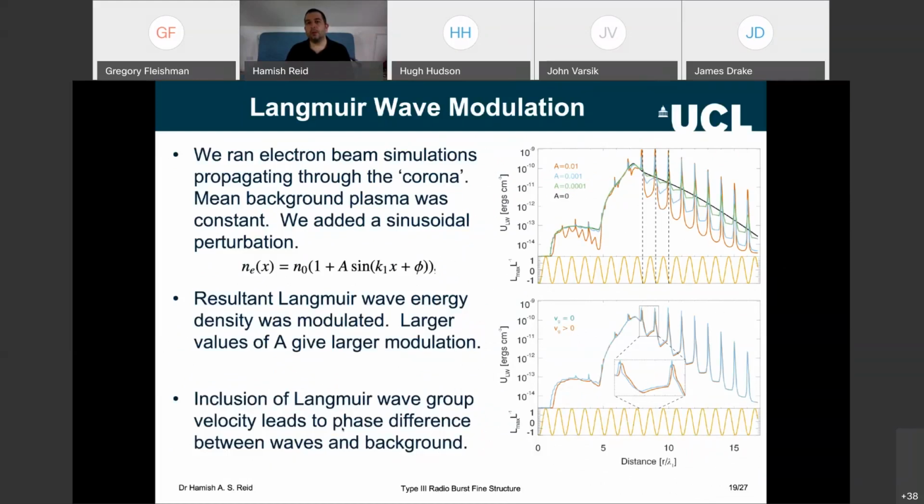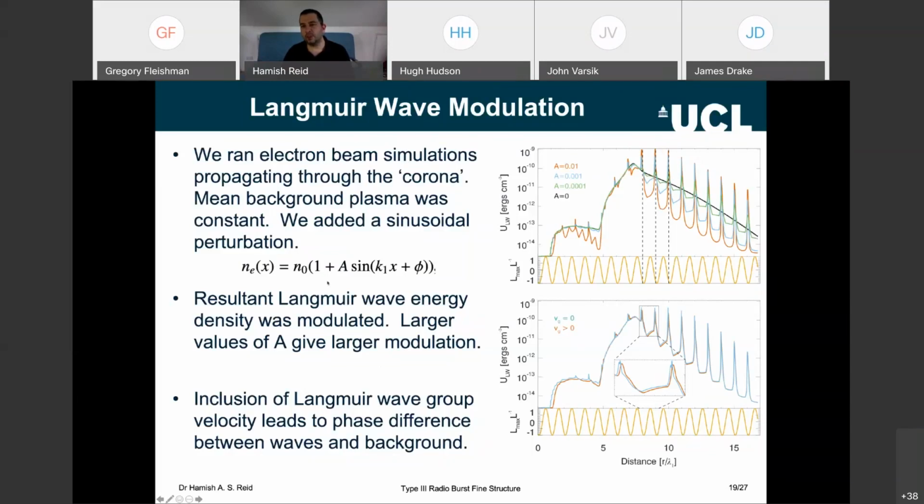We ran electron beam simulations, and first, to simply show how the Langmuir waves are modulated by the density turbulence, we created a synthetic corona which had a constant background density. So not really a solar corona, but it was around densities relating to about 30 megahertz. And then we put in one sinusoidal fluctuation through this.